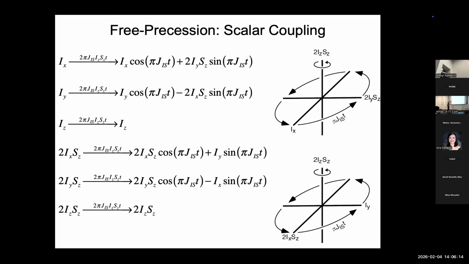So here's IY, SZ isn't affected. Here's how the antiphase terms evolve back to in phase. If we have an antiphase term, eventually they'll come back to in phase. And here's 2IZSZ, it doesn't evolve under the Z rotation. So I can memorize the pictures, or I can memorize the equations. You'll notice that the pictures always have Z, X, and Y, so it's still kind of a right-handed coordinate system.